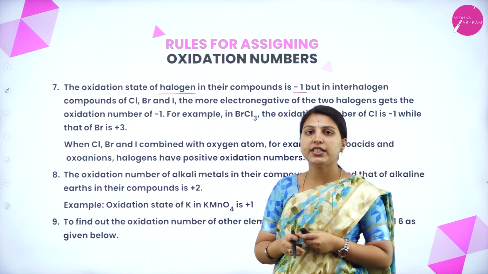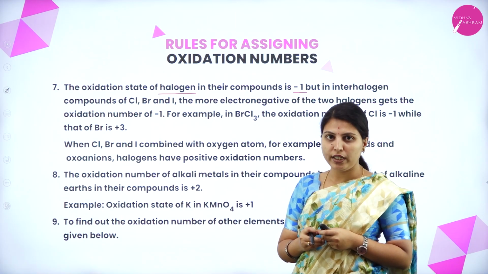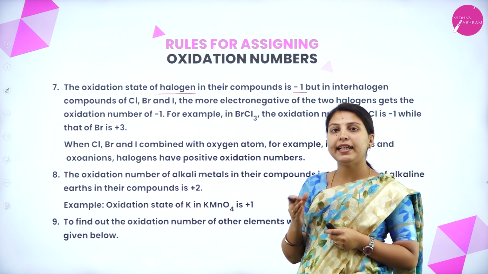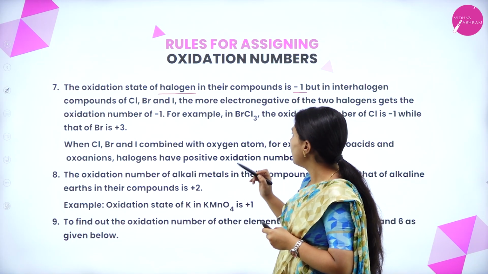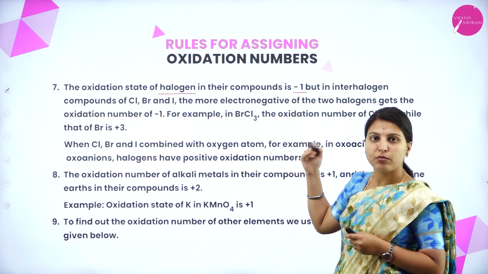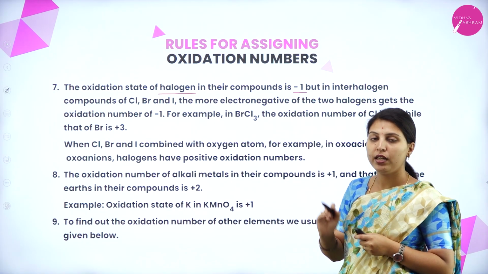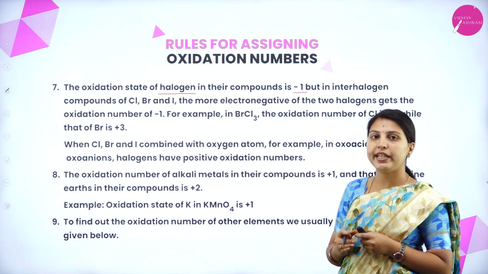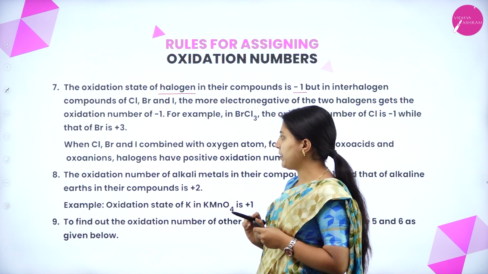Usually, the oxidation state of halogens, that is group 17, will be -1. But if it is present in interhalogen compounds, like mixed halogen compounds, then the more electronegative one will be considered -1 oxidation number, and the less electronegative element will take whatever value balances the respective ion.